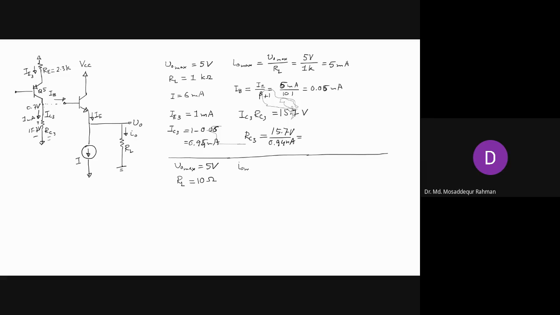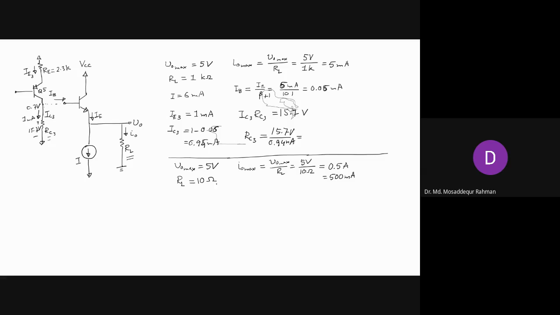Okay. So just focus on this. If RL is 10 ohm, what happens? You have VO max divided by RL. VO max remains 5, same as before, but RL now is 10 ohm. So that means the current you need is 0.5 ampere, almost 500 milliampere. Before, the current was only 5 milliampere, and now you need 500 milliampere. So the lower is your load resistance, the higher will be the current, and the higher the bias current you will need.